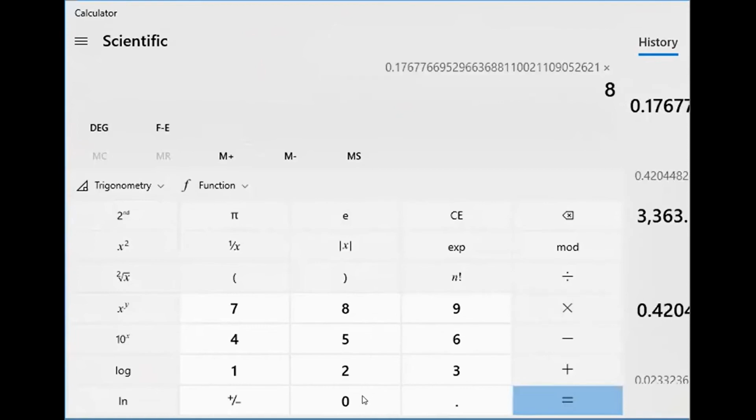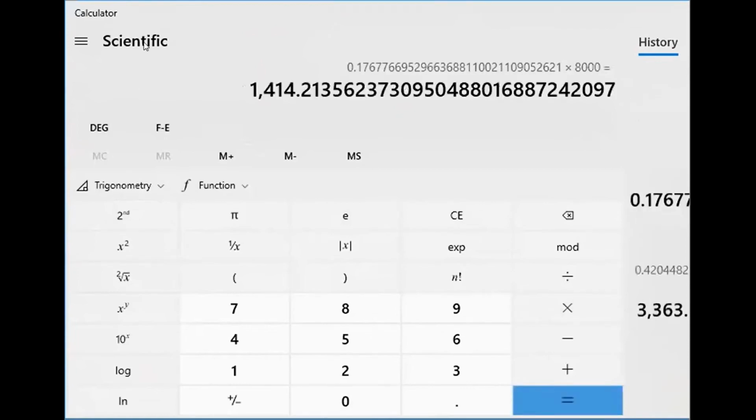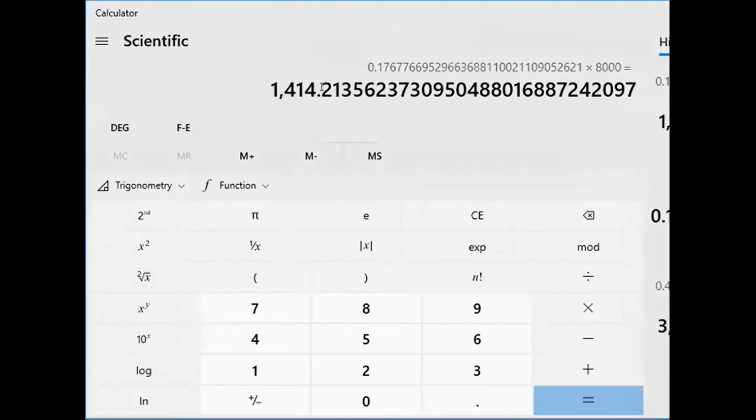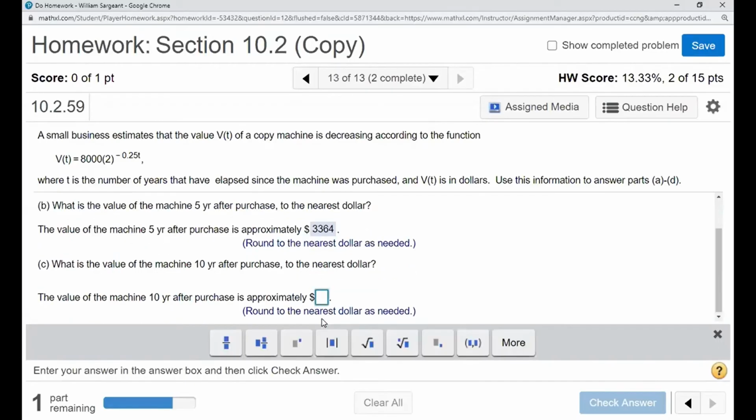Multiply that by 8,000. We're supposed to round to the nearest dollar again. That 2 after the decimal point is going to round this down to $1,414.